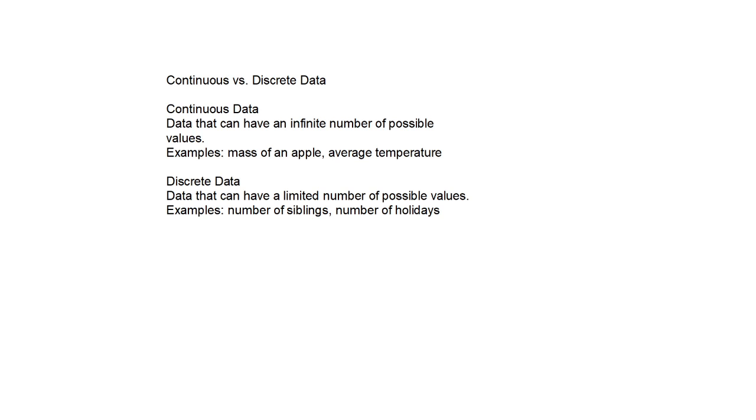So when you're talking about the mass of an apple or an average temperature, those are continuous data because the numbers have an infinite number of possible values. Discrete data is data that can have a limited number of possible values. So number of siblings, number of holidays. You can't have 2.7 siblings. You either have 0 or 1 or 2 or 3 or 4. That's discrete data.